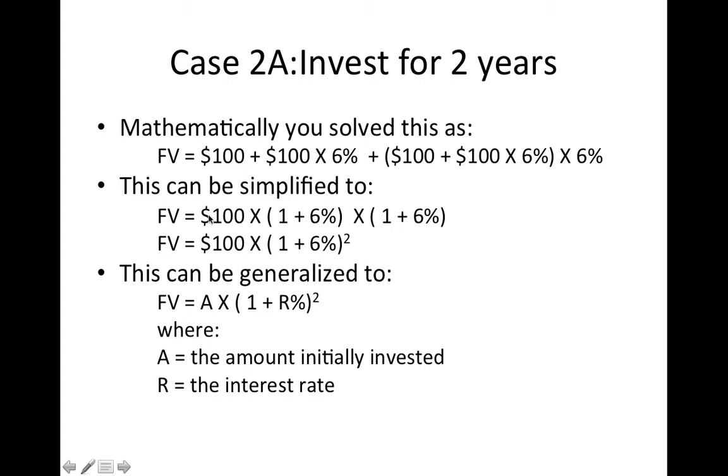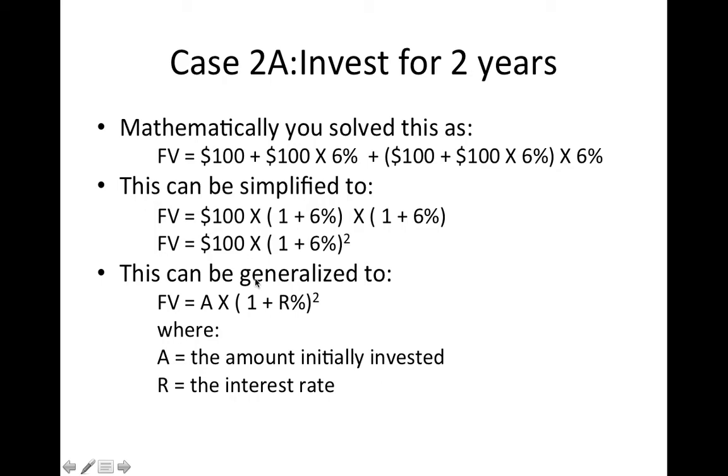So that becomes $100 times 1 plus 6%, and then that whole amount times 1 plus 6%. Okay? And if we were to simplify that just by recognizing that 1.06 times 1.06, we can simplify that into 1.06 squared. That's just what squaring means. Then we've now simplified it into this.